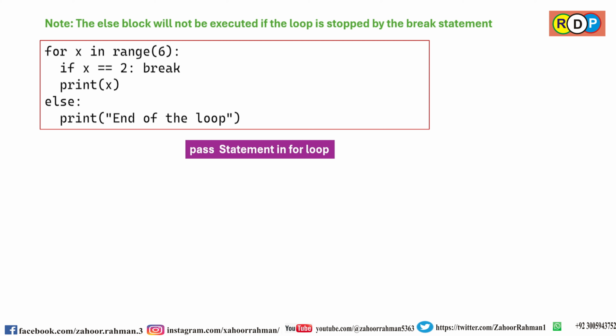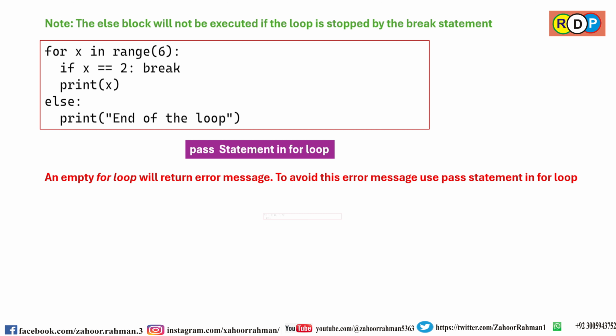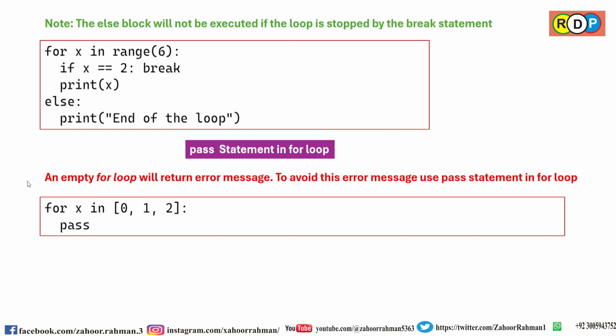Remember that if a for loop doesn't contain any statement, it will return an error message. You have this for loop, for x in 0, 1, 2, but neither of the statements is there, neither print nor else nor break nor continue.